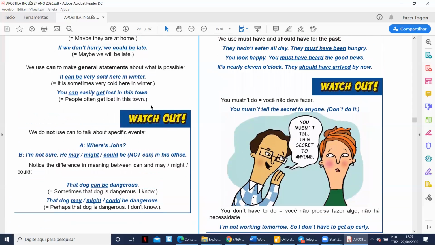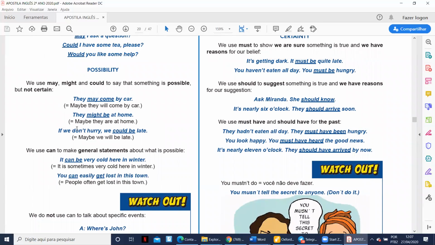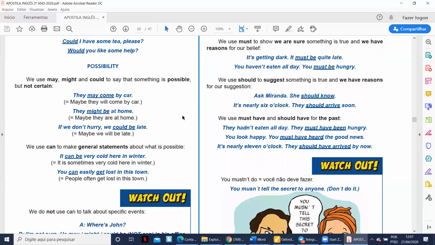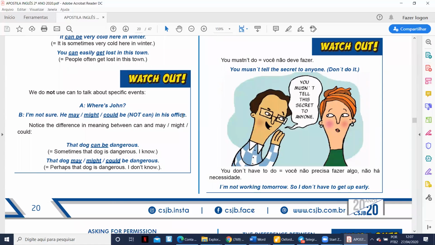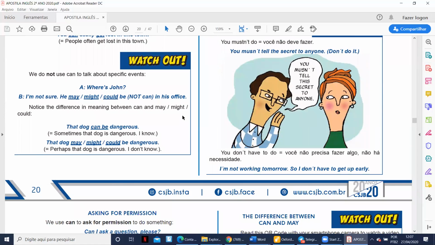So, can is used for general statements as opposed to may, might, and could that are used to talk about specific events. Example, it's a conversation between A and B, and A asks, where's John? And B answers, I'm not sure. He may be in his office.